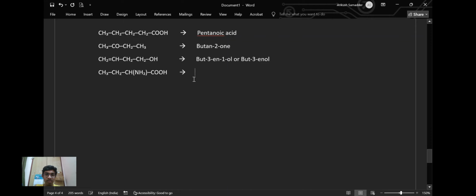In this next compound, COOH is there. COOH has the highest priority over everything, so we'll count from the right side, right to left. One, two, three, four.